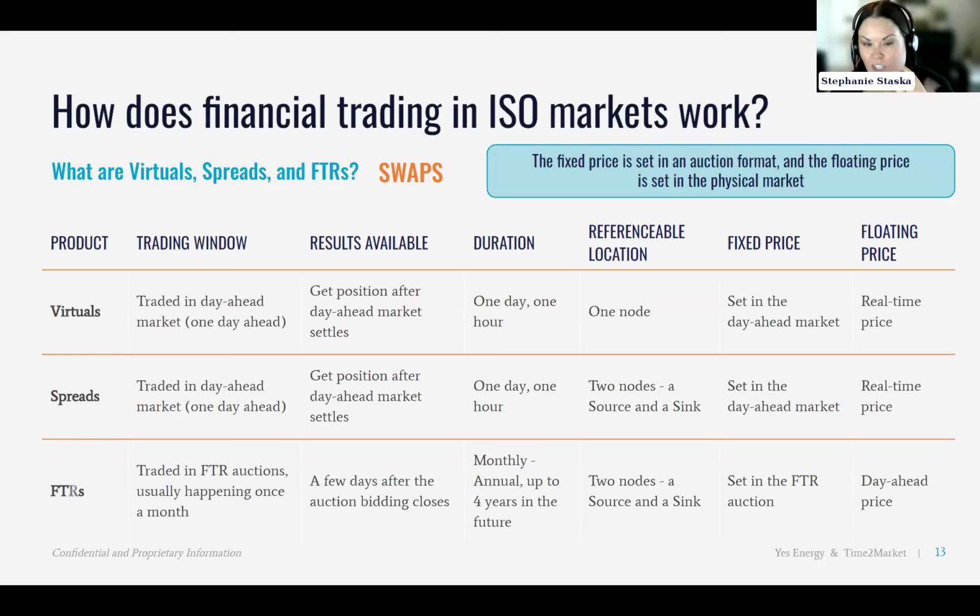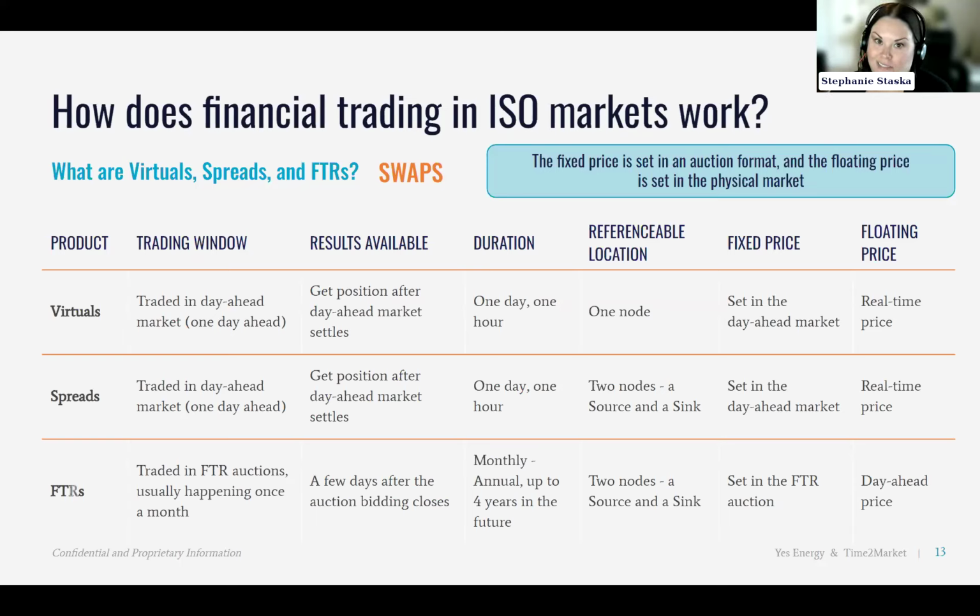So you'll have a source node and a sink node. Think of a source node as your buy and a sink node as your sell. And those particular paired nodes, you will submit a bid for the price difference between them. And then if you clear it in the day ahead market, your fixed price will be for the price between those two nodes. And then it will settle based on the real-time price, again, between those two nodes. But it can really be thought of as a paired virtual buy and virtual sell.